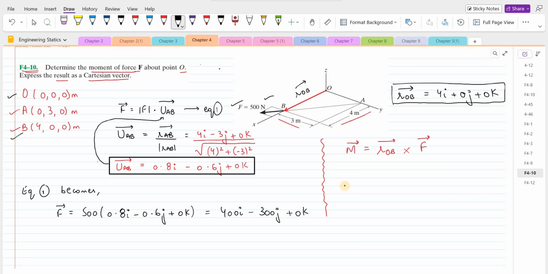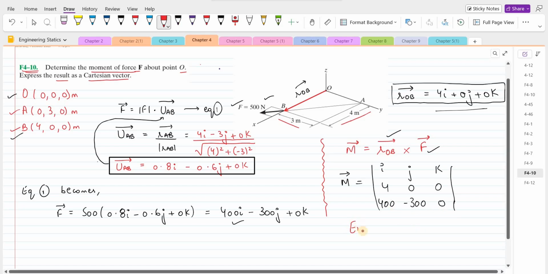To solve for the moment vector, we have to use the determinant of a 3 by 3 matrix. So we have i, j, and k, then the position vector r_OB, which is 4, 0, 0, and then the force vector F, which is 400i minus 300j plus 0k.